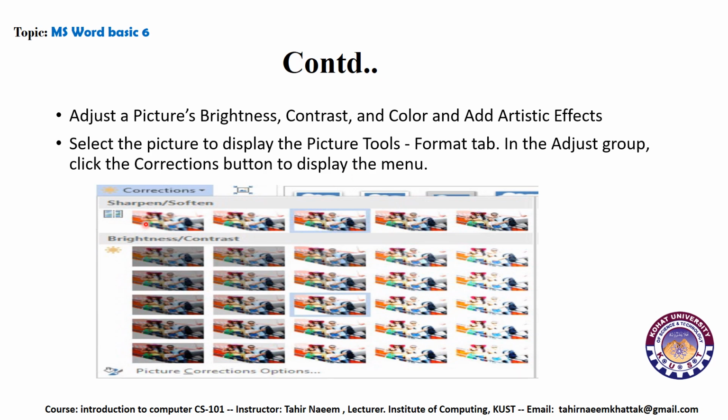When we click on Corrections, this option will appear before us. We can click on any of them, like brightness, contrast, sharpness and softness, and add it to our picture.